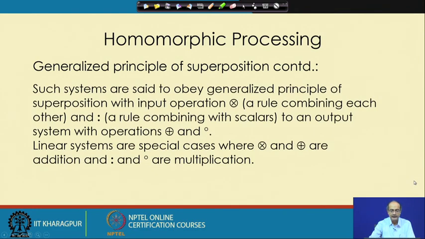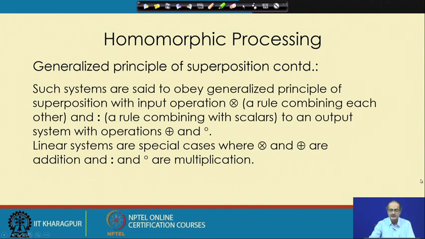Such systems are said to obey the generalized principle of superposition with input operator cross, a rule combining elements with each other, that means a binary operator, and the colon is a rule combining with scalars, to an output system with operator plus and dot for the case of the scalar and the vector in the output space.